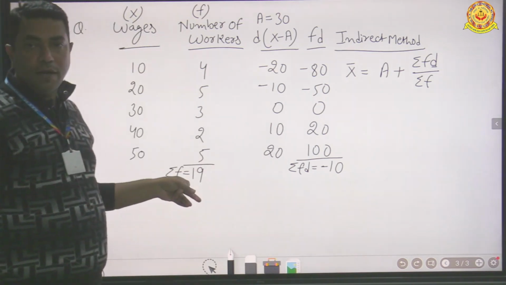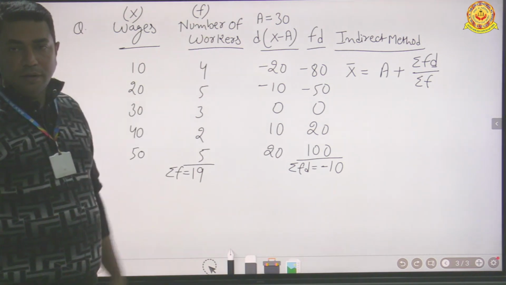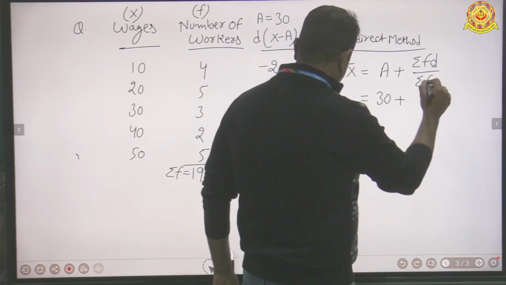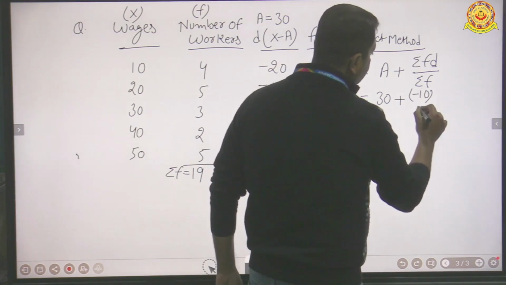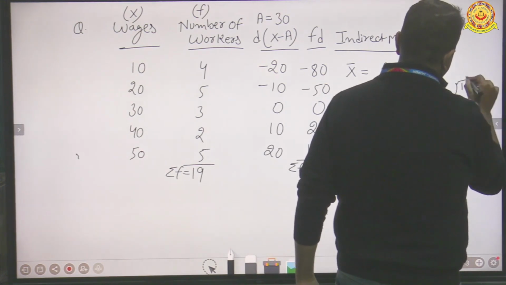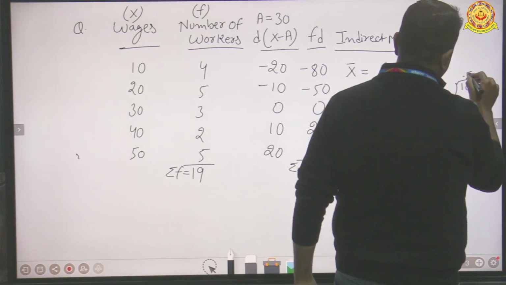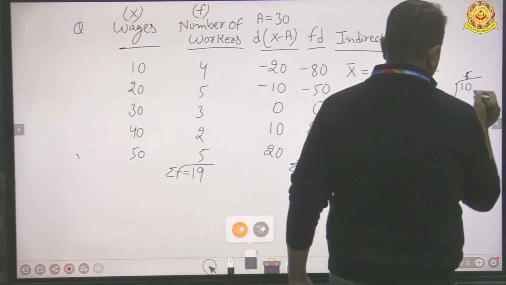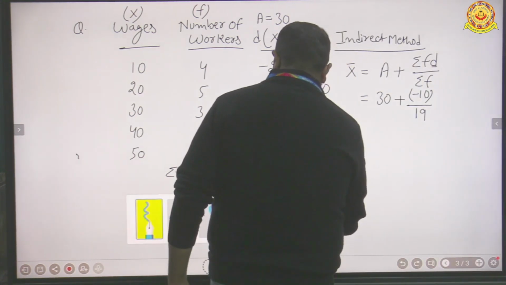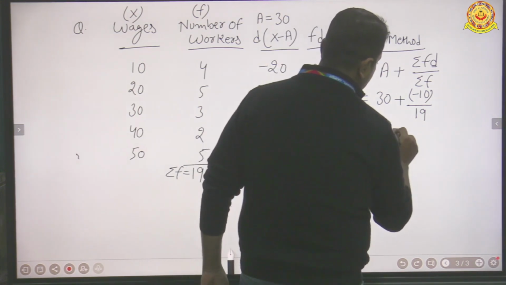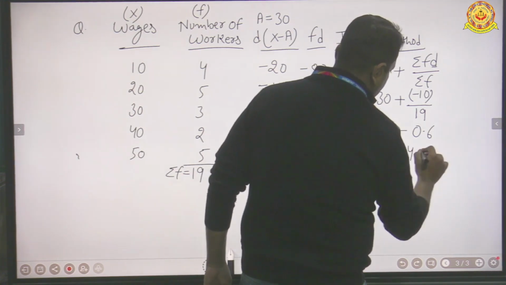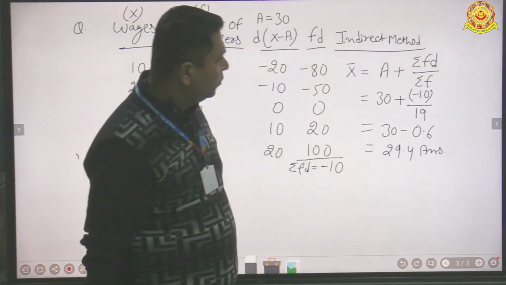Sigma f, the total of frequency, we already have as 19, and the assumed value we have taken is 30.